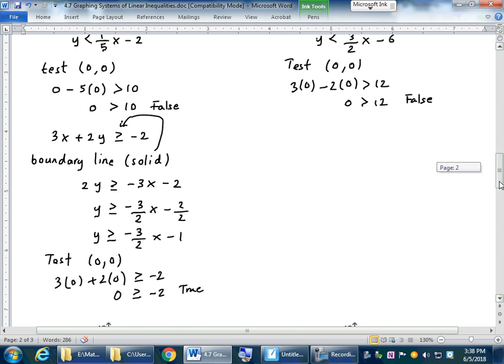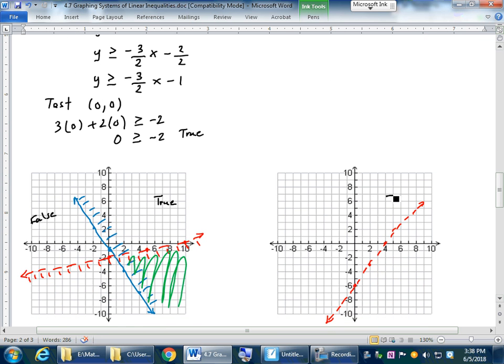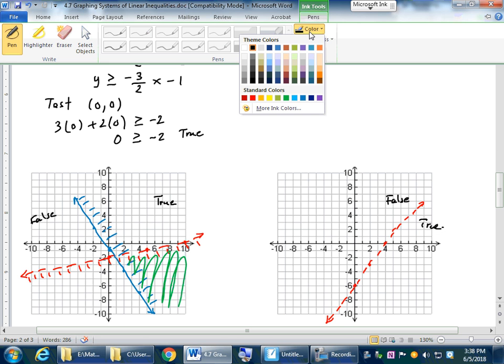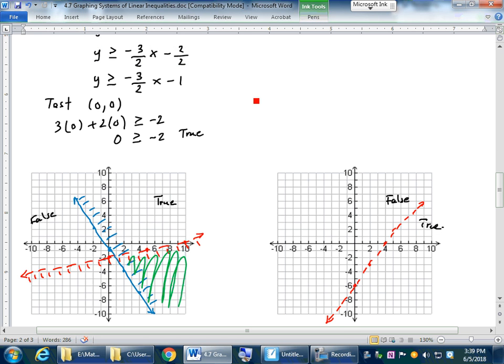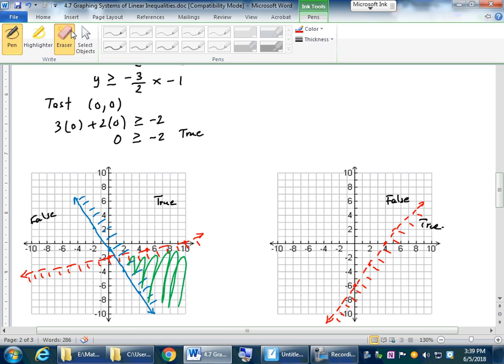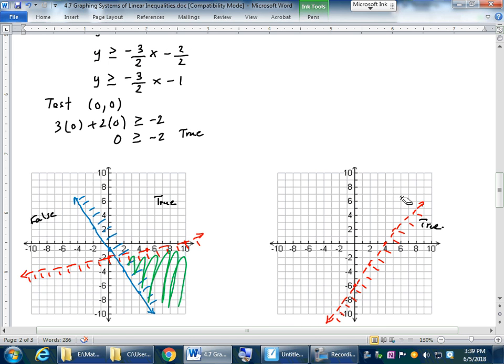So therefore, we know that this side is false and this side is true. And we're going to shade it on the side that is true, so that will be below. Like before, we're going to shade only close to the boundary line so that we can get our final answer.